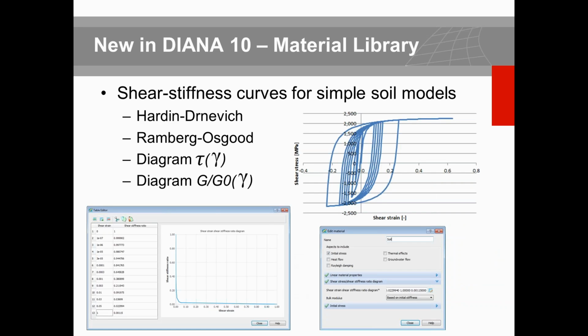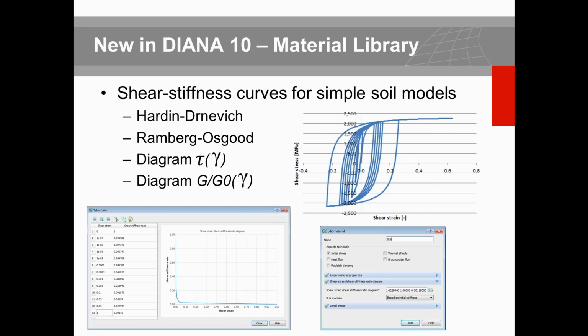For the shear stiffness curves, we have activated hardening Dronovich, Romberg, Osgood, based on the input that most of our geotechnical clients get from the shear model or triaxial test, based on that tau gamma shear stress against the shear strain curve.